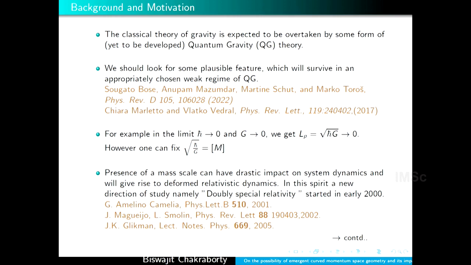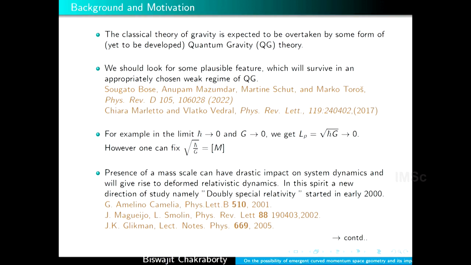In this example, if I consider particularly where h bar and G simultaneously go to 0, but the ratio is held fixed, then it automatically provides us with a mass scale. This mass scale ideally should be determined through experiment. Otherwise, I can take it to be arbitrary, but roughly you can think of it to be of the order of the Planck mass scale. And in the context of k-Minkowski space, this mass scale is taken to be another invariant quantity.